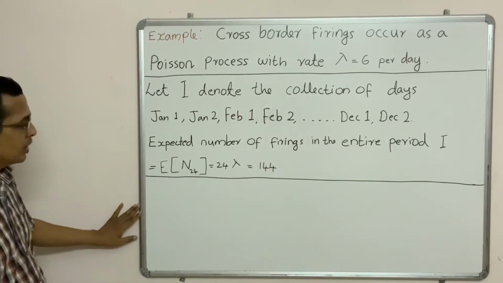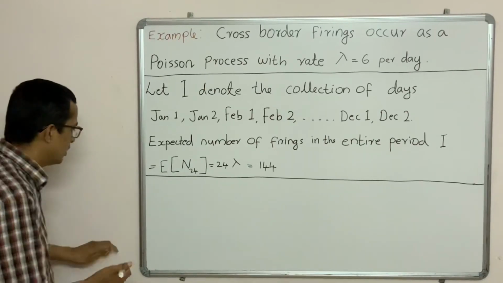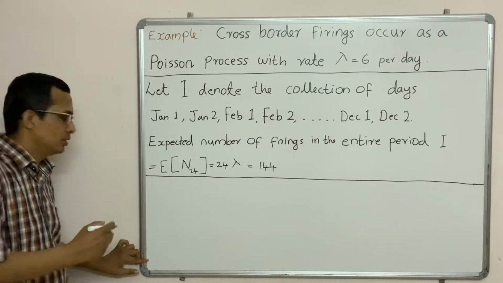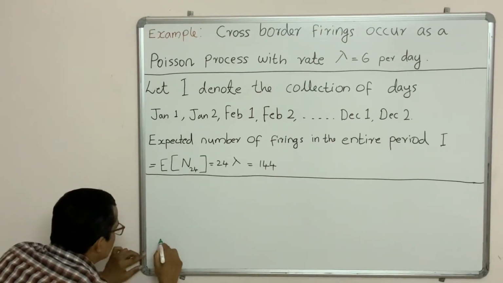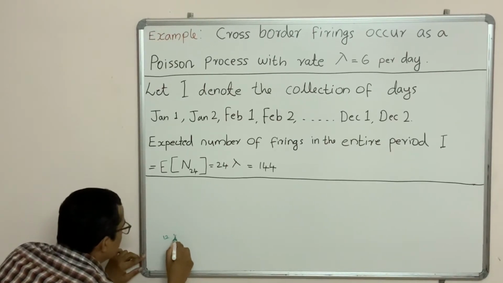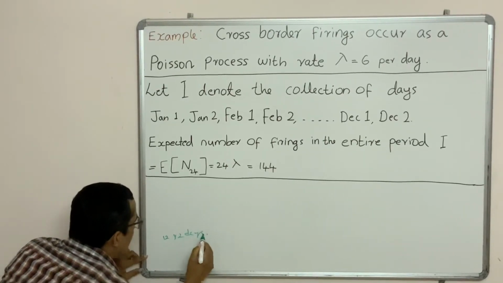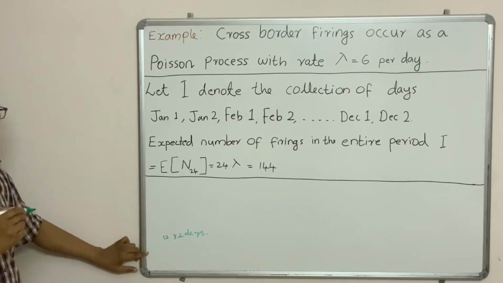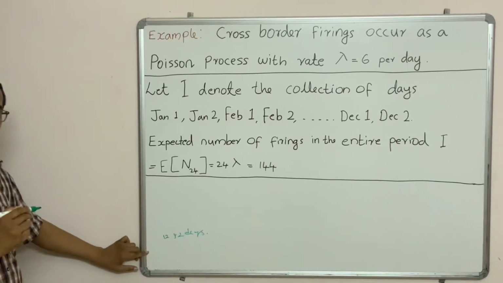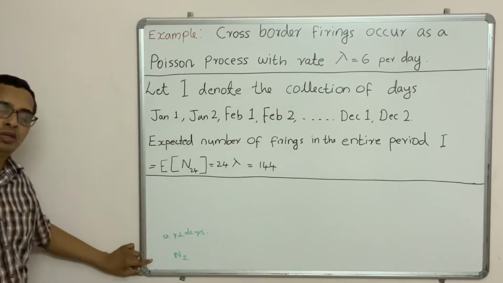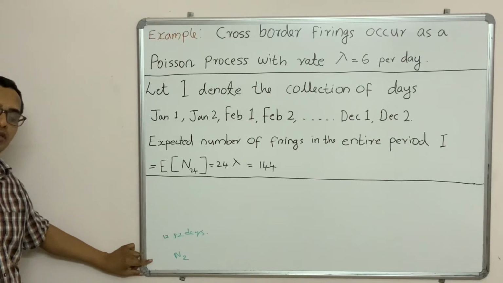There is another way to look at this problem. See here, the 2 days, Jan 1 and Jan 2, are consecutive days. So we have a period of 2 days each, 12 times 2 days, right? Each 2-day period is consecutive, so it is a consecutive period of length 2. Then you can look at N2, the number of arrivals in 2 units of time.